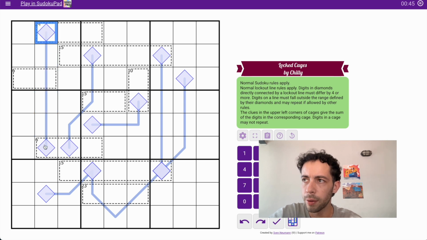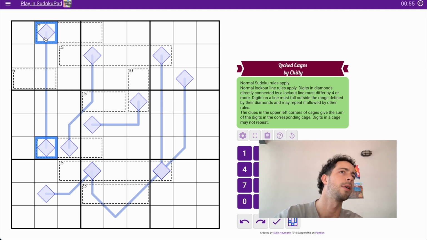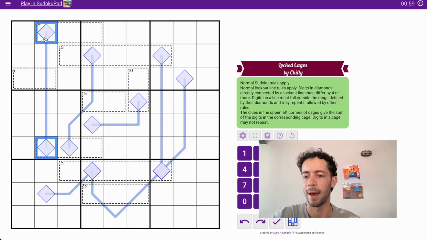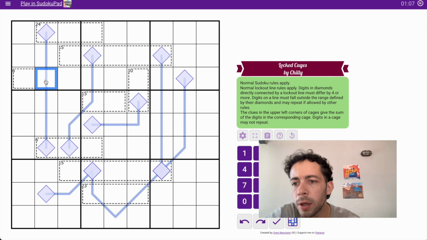But now we don't know what these are, we just know that the difference is going to be exactly 4, because it could be 3 and 7, and then we will have 1, 2, 8, and 9 to put here. But I definitely can't put 8 or 9 in this one.